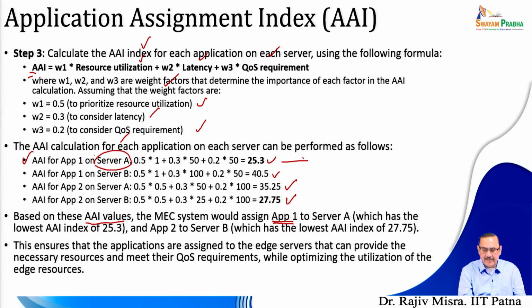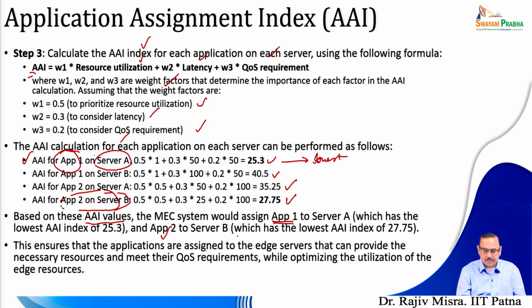So, this becomes the lowest, hence application 1 will be assigned to server A, which has the lowest AI index of 25.3, whereas application 2 will be assigned to server B. Why?